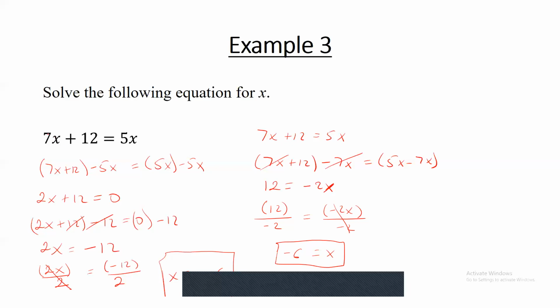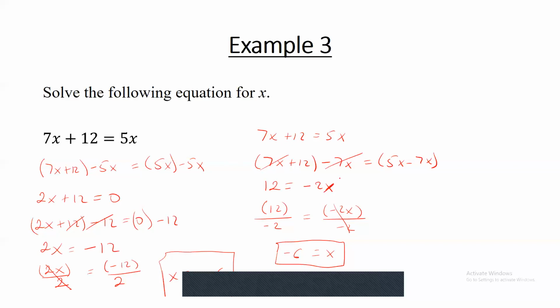Do you want to get rid of the 7x and leave all your x's on the right? Or do you want to get rid of the 5x and leave all your x's on the left? A lot of people, from what I have seen, like to get rid of the 5x because it looks nice when you clear the whole right side. I personally like to get rid of the 7x here because I'm trying to isolate x, so I want x's to end up by themselves, right?